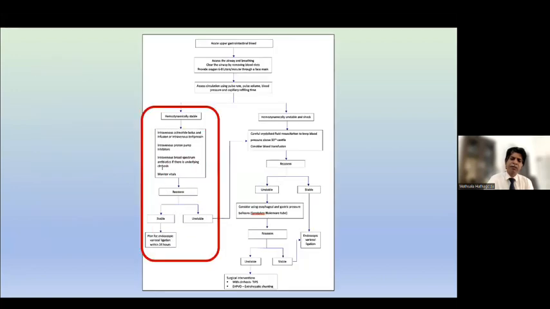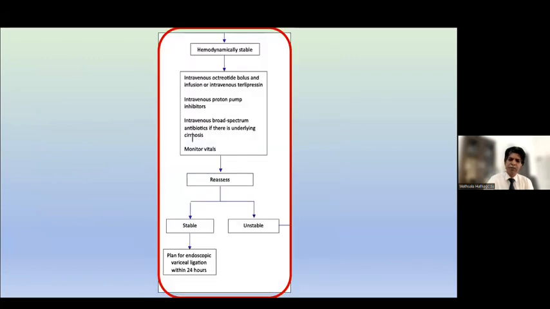Then we go into management of somebody who is not having much of a shock. If the patient is hemodynamically stable, you can use the drugs that we use to control the bleeding, to constrict the splanchnic circulation and stop bleeding as much as possible. In most teaching hospitals, you can find octreotide.